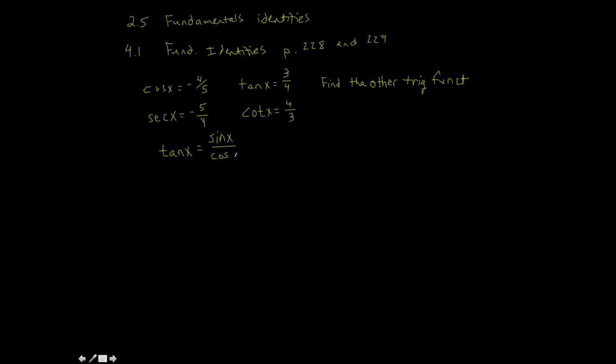We know tangent and cosine, and we're trying to find sine, because if we know sine, we can get cosecant. So if I solve that equation for sine x, I get cosine x times tangent x.